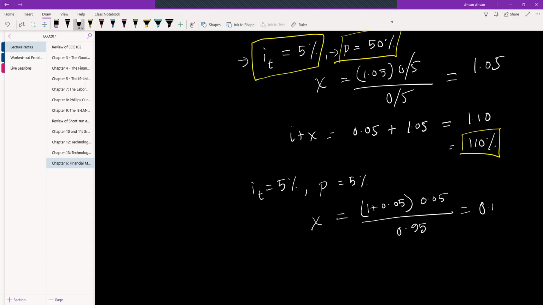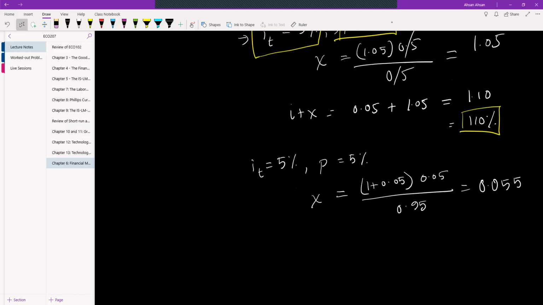So this is 0.055. Okay, this is what we get. So this is the extra risk premium you will demand. So the interest that you will demand from this bond that has a 5% default risk is I is 0.05 plus the extra premium that you're demanding, which is 0.06. So you get 0.11, or effectively 11%.